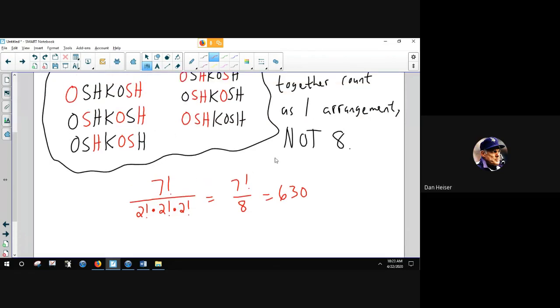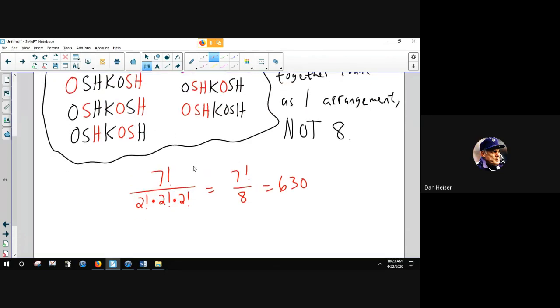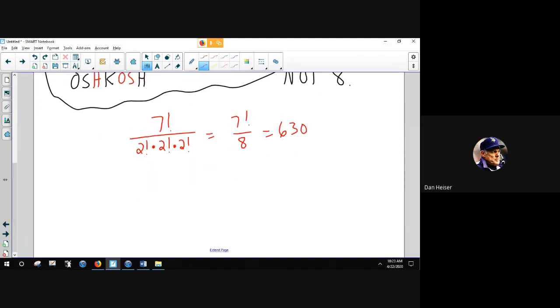We are eliminating every single way of just switching things around. If I switch the S and the O, I have a new way to arrange the letters. Let me write that up. Switch the S and the O, the first S and the first O, I should clarify.